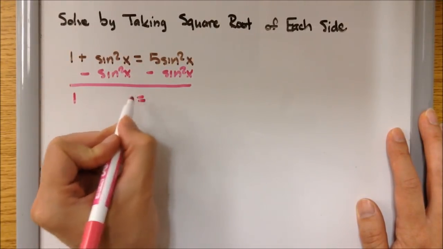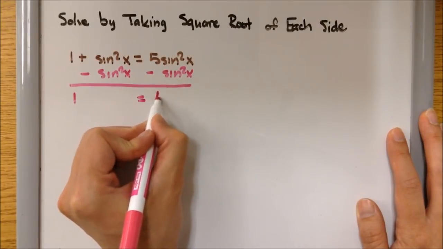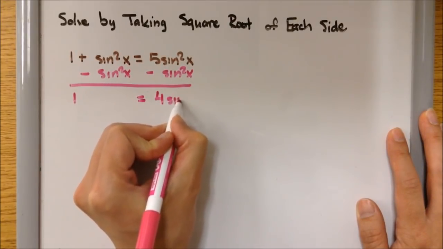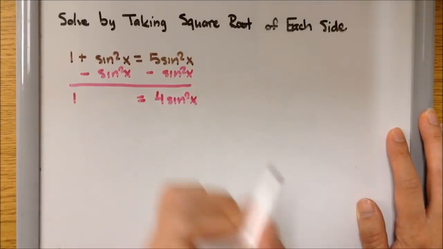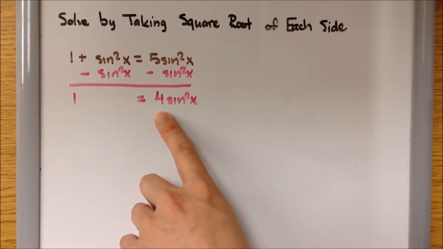One equals 5 sine square of x minus sine square of x, which will become 4 sine square of x. And then if I need to get sine square of x to be by itself, I'm going to divide by the 4.